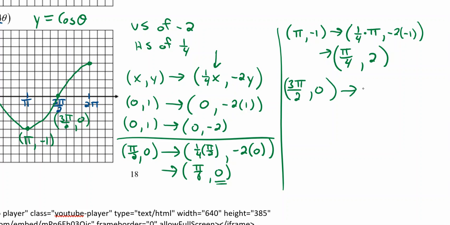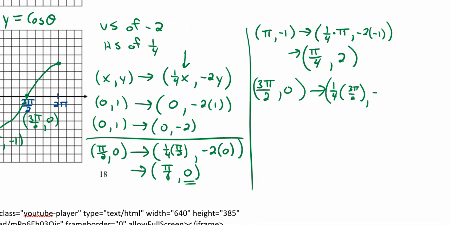All right, so where does this point become? So that's going to be again 1 over 4. Our x value is 3 pi over 2, comma, and then this would be negative 2 times 0. All right, so that would become 3 pi over 8, comma, and then 0.